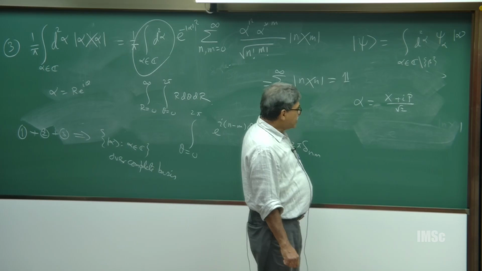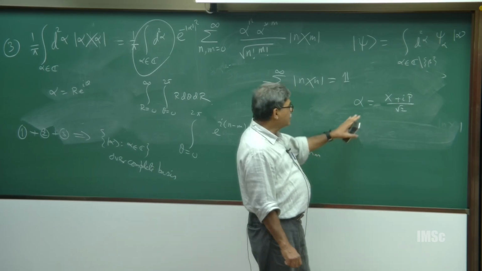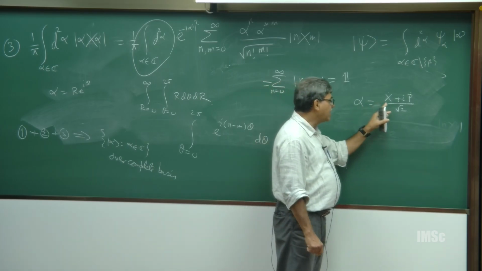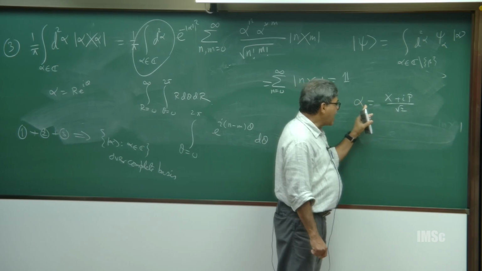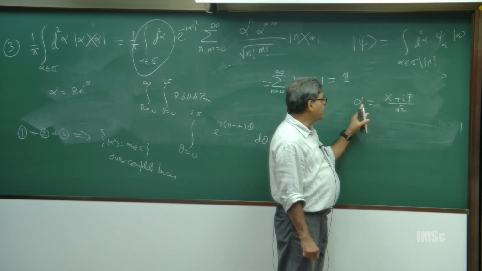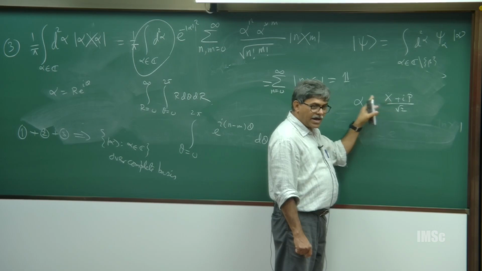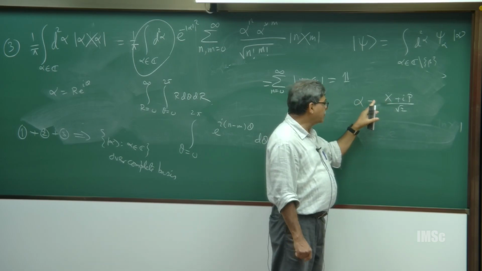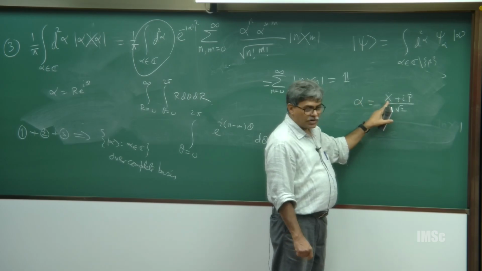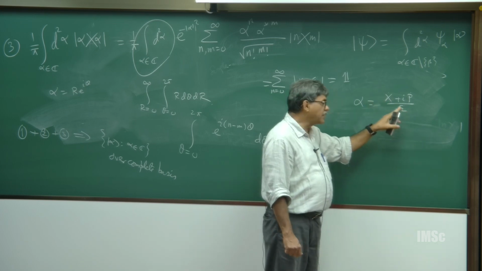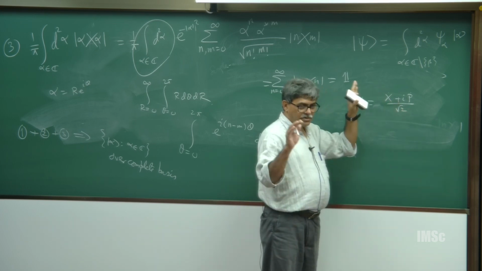Yes, that is true. I mean, one should call it the average amplitude quadrature with respect to alpha is this x, and the average phase quadrature with respect to alpha is p.